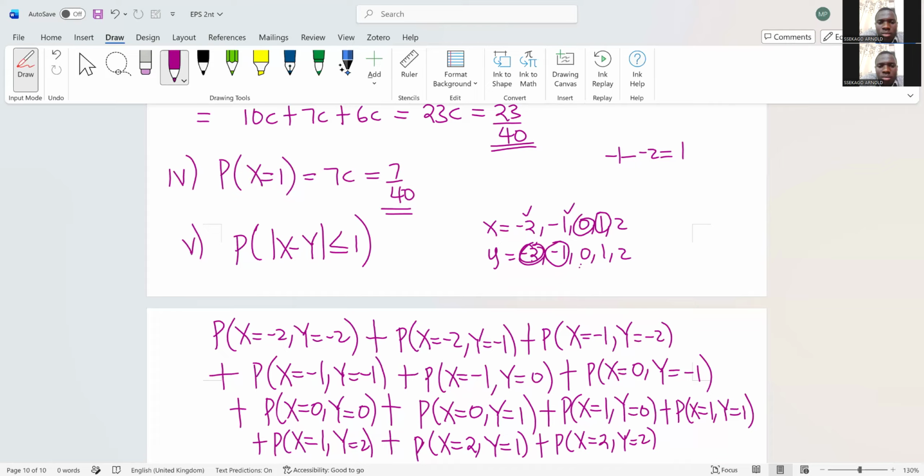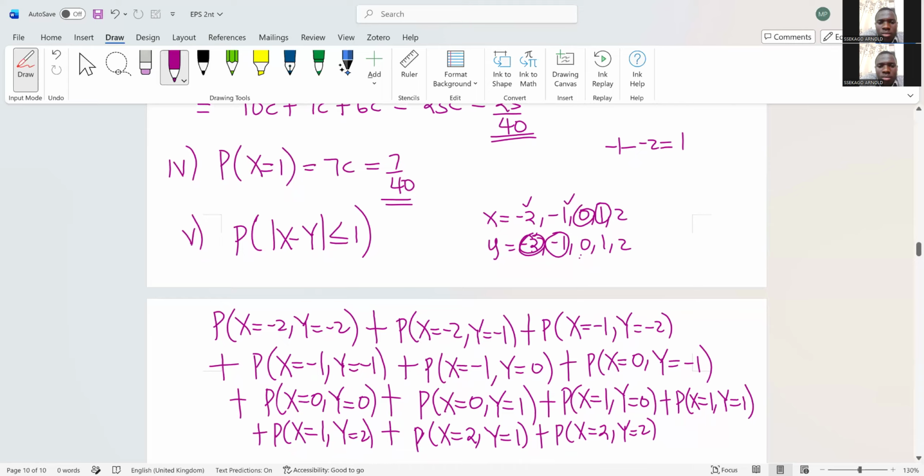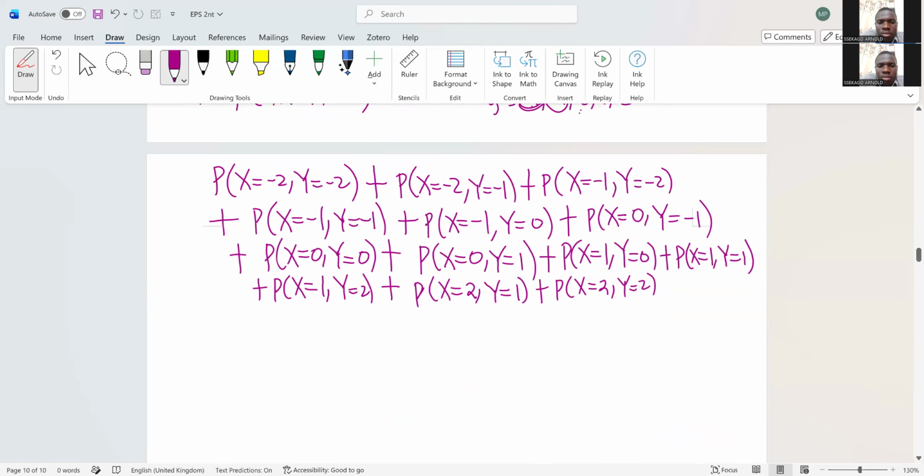Therefore, I sum all those cases. I want to believe that in your book you can easily see the table. So look at your table.